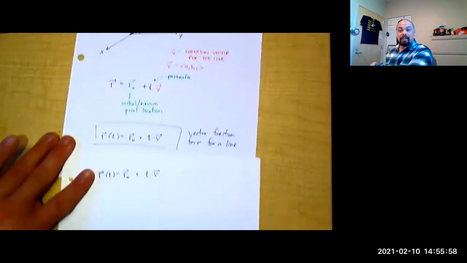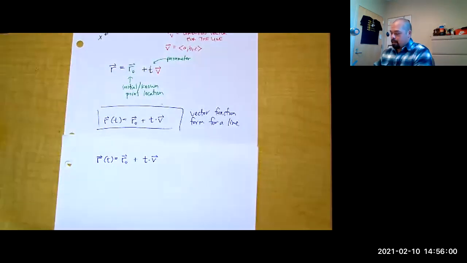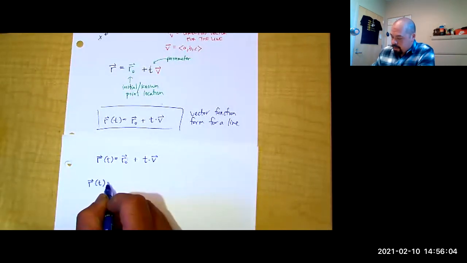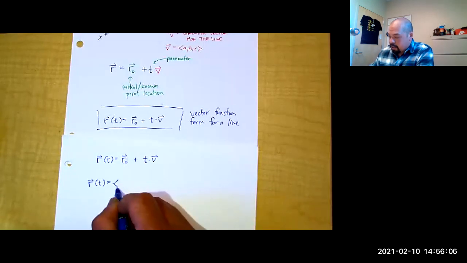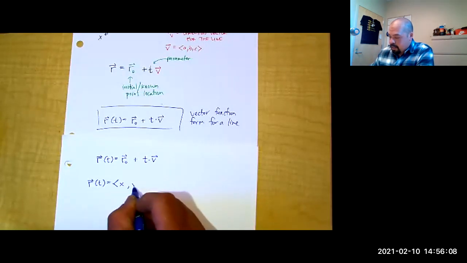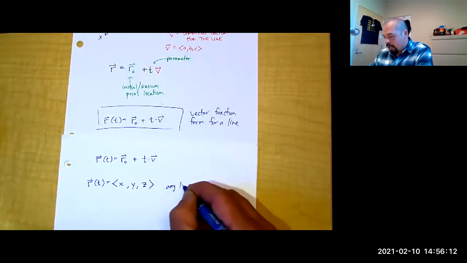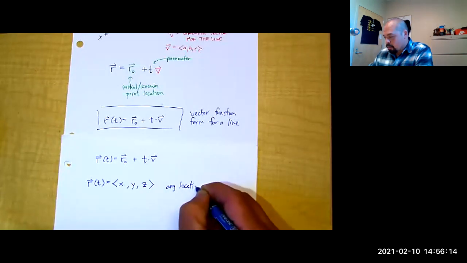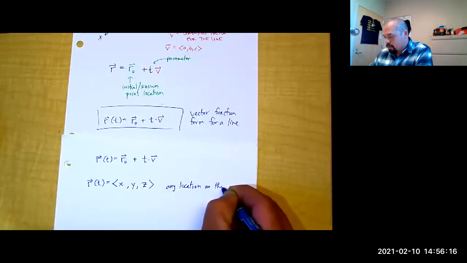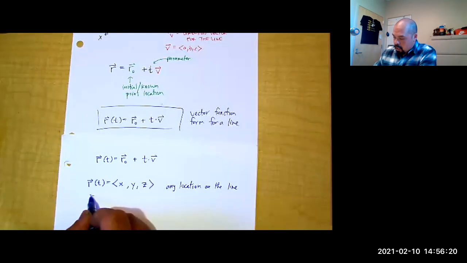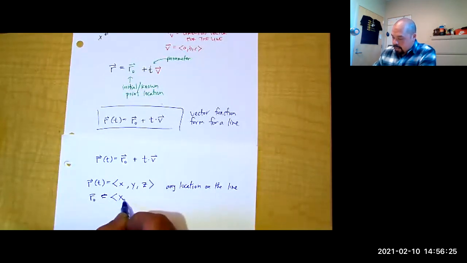And so if I start to expand on that, this r of t is going to give us our generic, any location on the line. t is that parameter. r sub 0 is x naught, y naught, z naught.